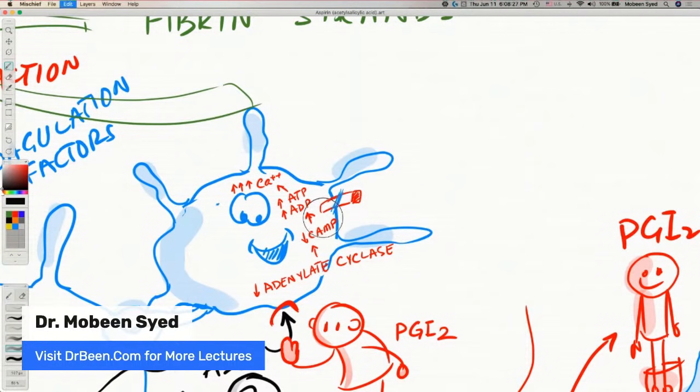So the calcium channel is blocked. That causes more ADP and ATP. That causes more calcium to be accumulated in the platelet, which causes the platelet to become active. The platelet would have these spicules, and it would swell up like an angry hen, and start hugging the other platelets around, and then they would all shrink and contract the platelet plug. So that is a mechanism we discussed yesterday.